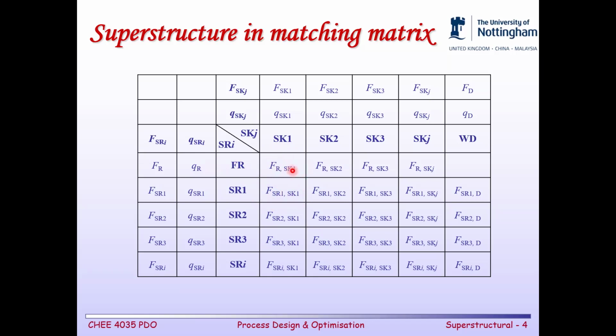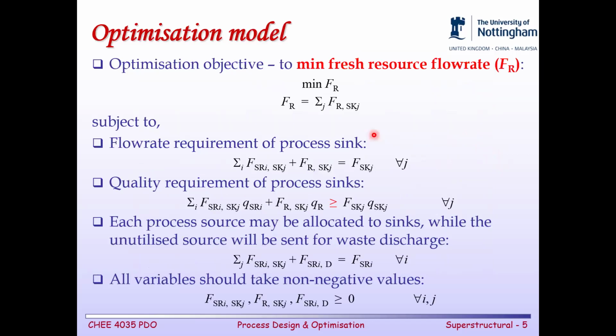Our main goal is to minimize the freshwater source because it has additional cost, and also minimize the wastewater stream, the unused or unrecycled wastewater, because treating the wastewater also has cost.